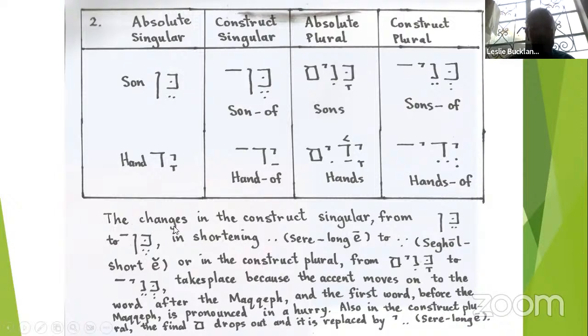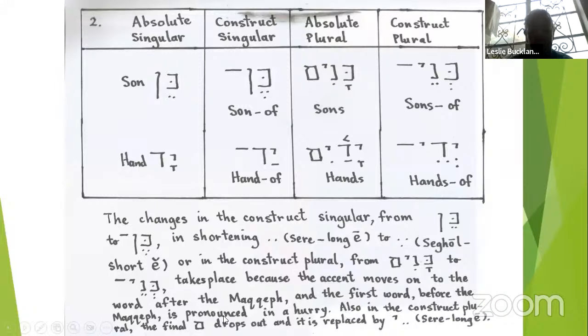Here are the explanations at the bottom. The changes in the construct singular from bain to ben in shortening, sire, long e, which is here, to segol, short e, or in the construct plural from banim to bene, takes place because the accent moves on to the word after the makif, and the first word before the makif is pronounced in a hurry.